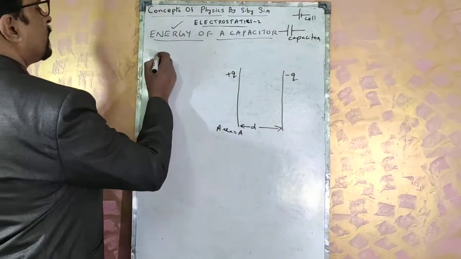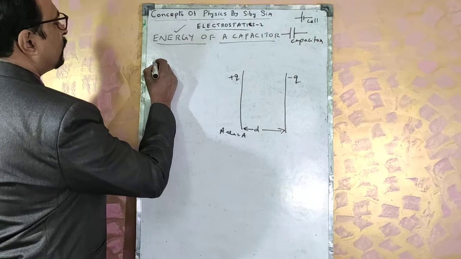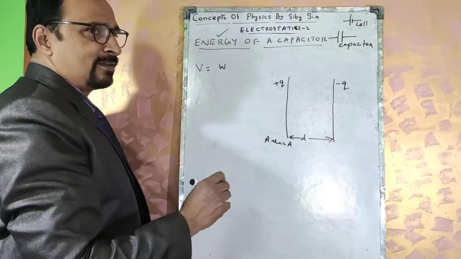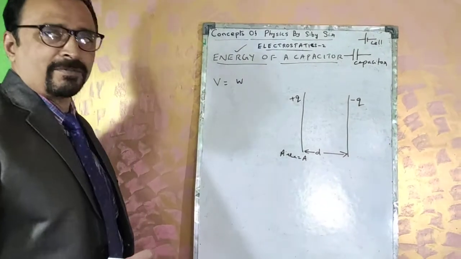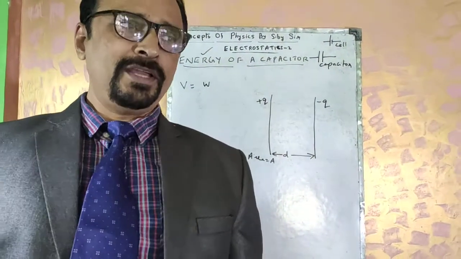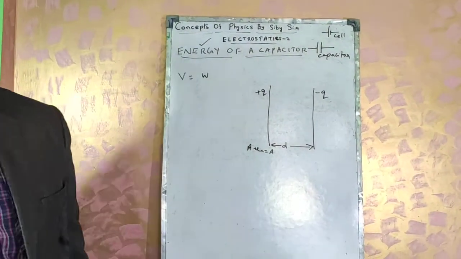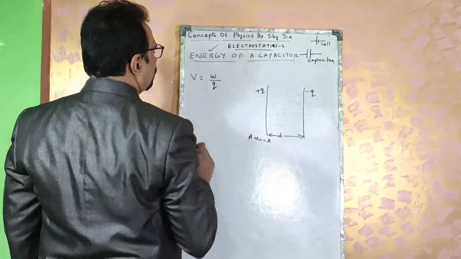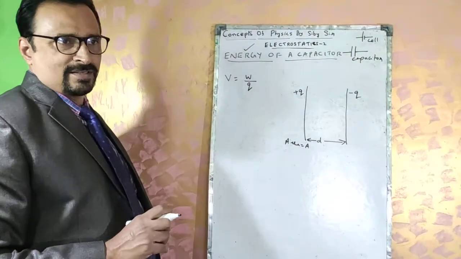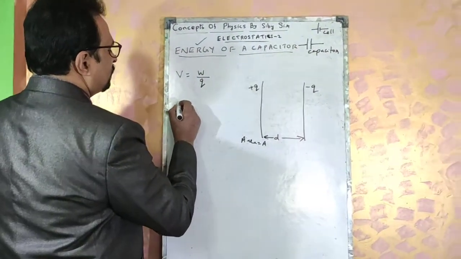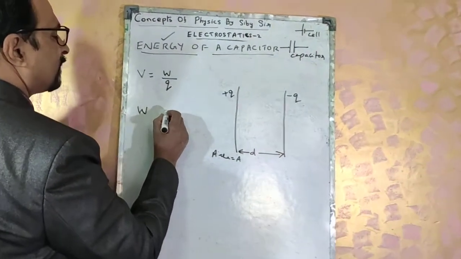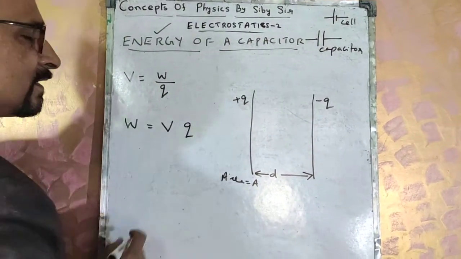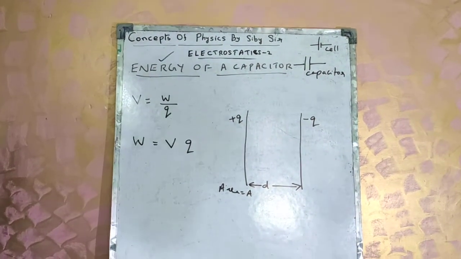What is the definition of V? Electric potential, how we defined in the previous class? The work done to bring unit positive charge from infinity to a point, or work upon charge. That is called potential. Or work done is equal to V into Q, is it right?